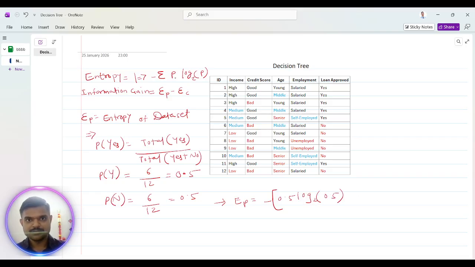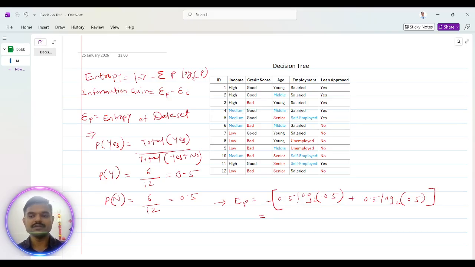Here we can see probability into log 2 of probability. So 0.5 into log to the base 2 of 0.5 plus entropy of no, 0.5 log to the base 2 of 0.5.